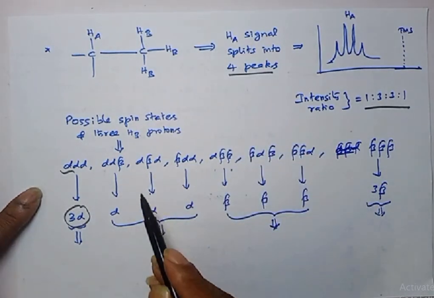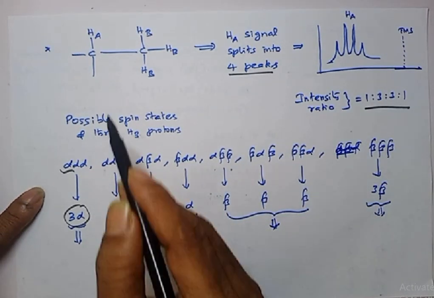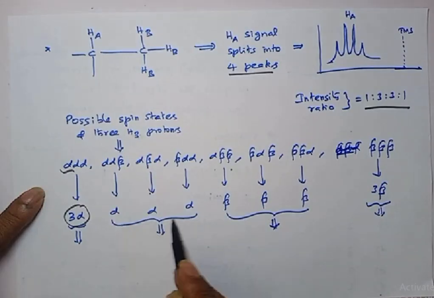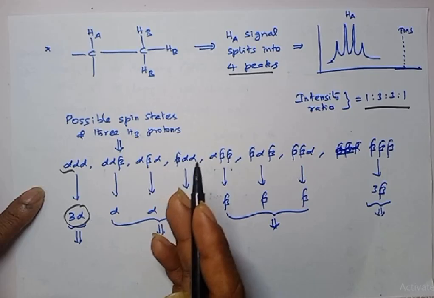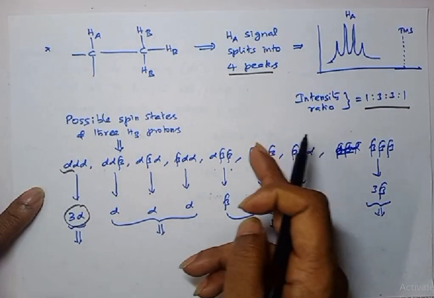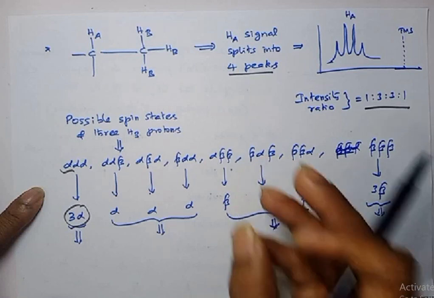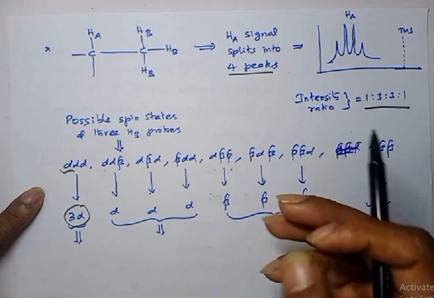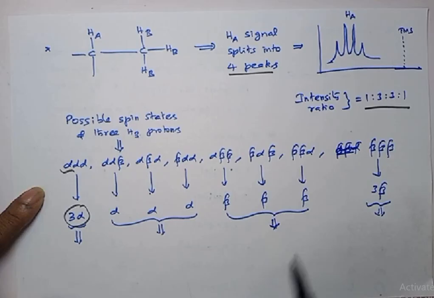In another molecule, the HA proton sees an additional magnetic field of alpha, so that the signal will appear in a lower magnetic field. In some other molecule, the HA proton sees some lower field compared to B naught.